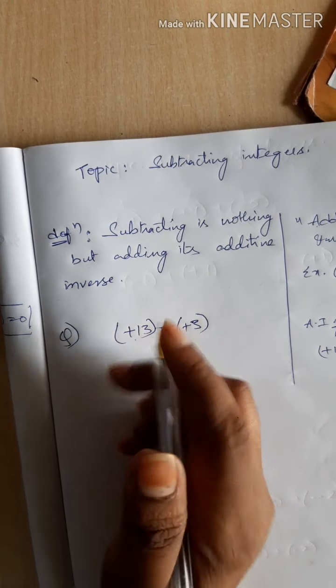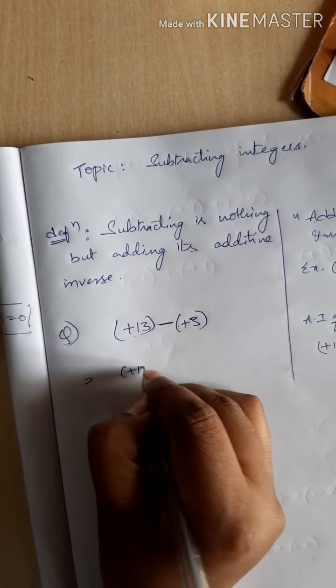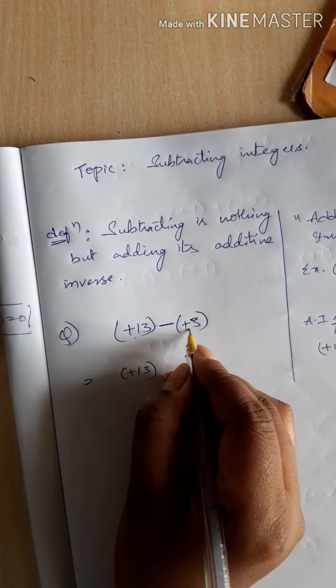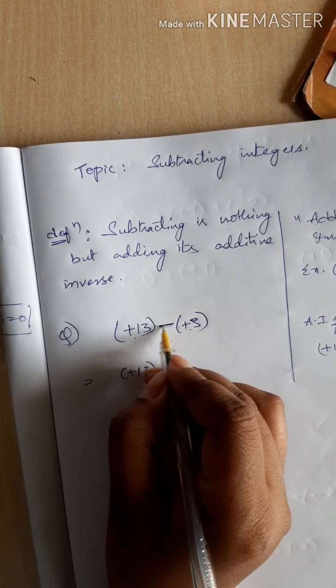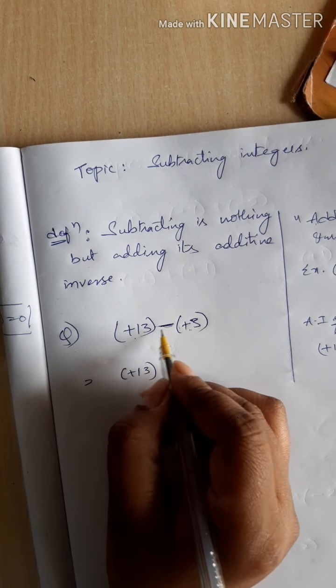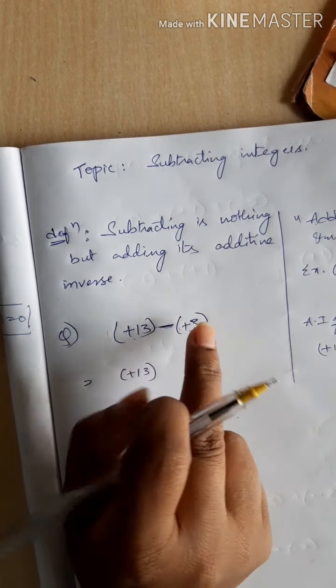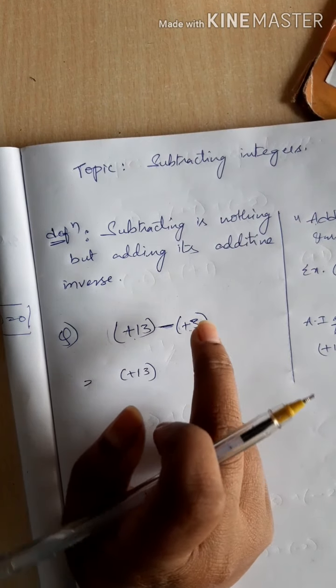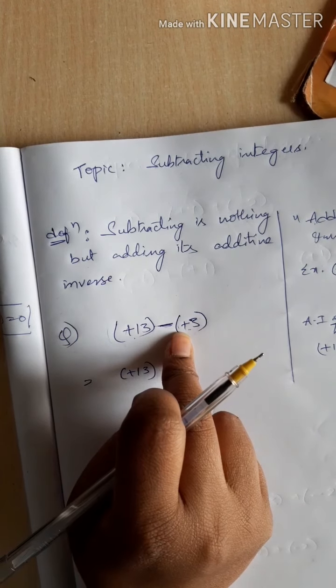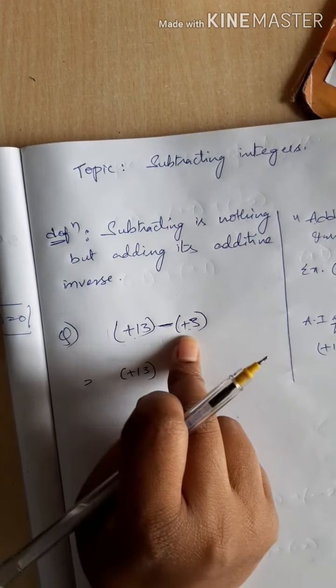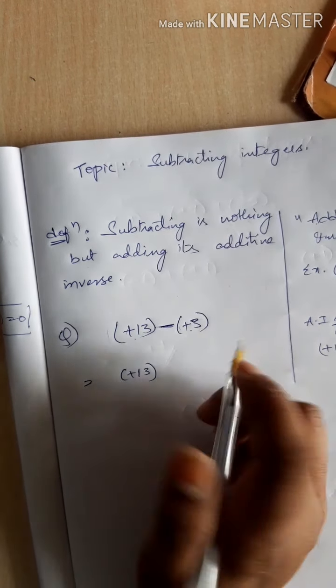Now 13 is there. You keep this first integer as it is. To whom are you subtracting here? Plus 3. Before plus 3 you have minus, right? From the first integer you are subtracting the second integer. To whoever you are subtracting, you need to add that particular integer's additive inverse.